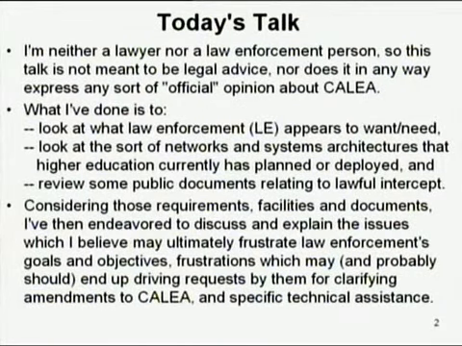What I've done is look at what law enforcement says they want, what the higher education networks have built, and some of the public documents and standards out there, and see whether those things are congruent. Is it going to be possible for law enforcement to get what they want based on what's currently deployed? I think you'll see there are a few areas where there's a fairly fundamental disconnect, and there are going to be some changes coming down the line to make things work a little better.